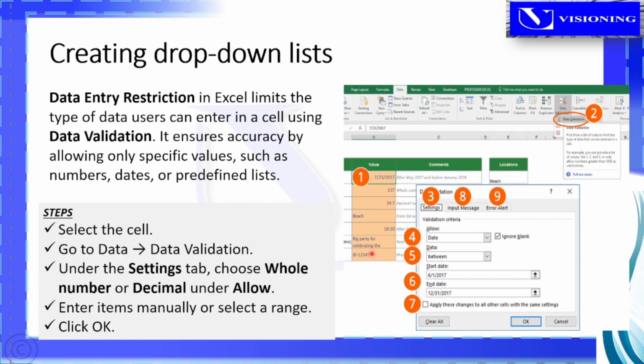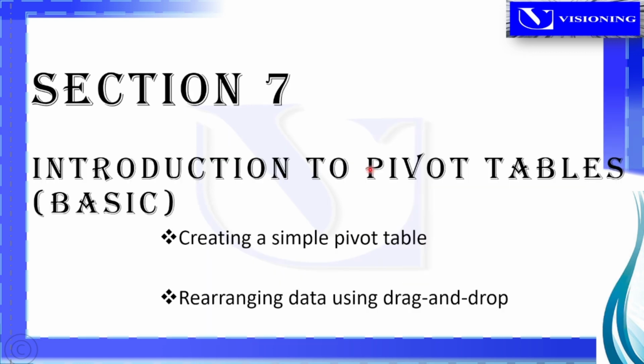So now the data entry restriction in Excel limits the data type a user can enter in the cell using data validation as shown earlier. It ensures accuracy by allowing only specific values such as numbers, dates, or predefined lists, as we used the schools as examples. Yes, so we've covered this part also.